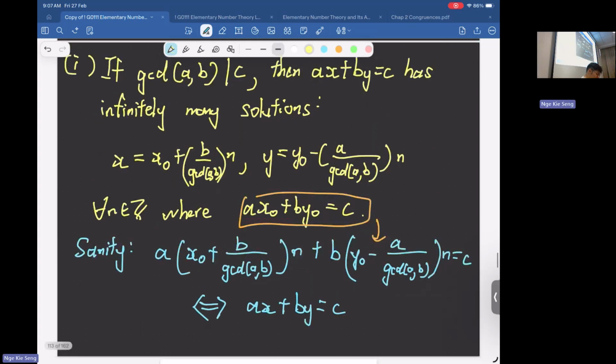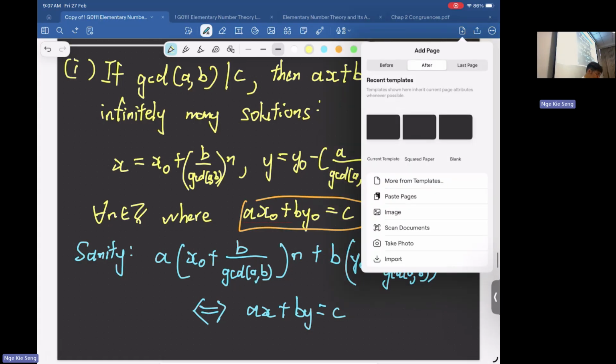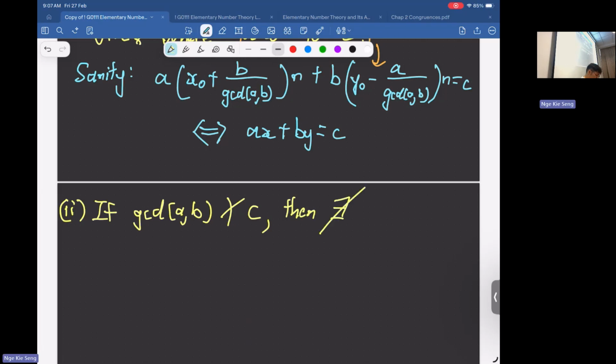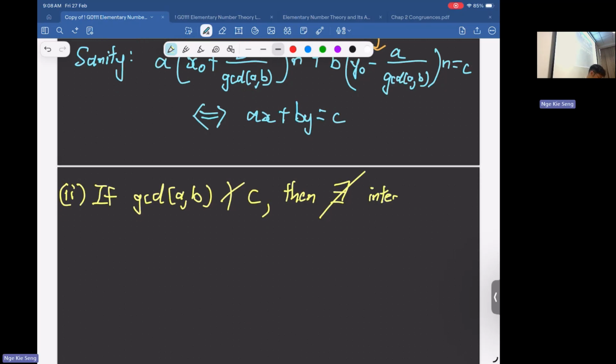Then the other case is: what if the GCD of a and b doesn't divide c? If the GCD of a and b doesn't divide c, then there's no solution. I put a flag there. There doesn't exist an integral solution.